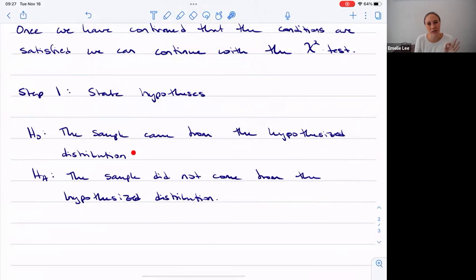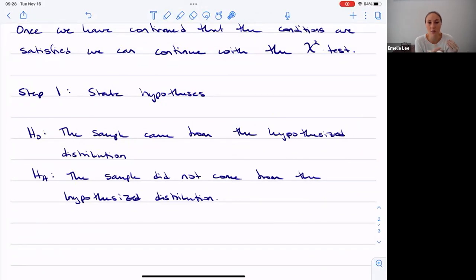You're going to want to tweak that to apply to this question, right? So the hypothesized distribution could be the groups are independent of each other, meaning they have the same probability of happening, right? Or we have some idea of what population we're drawing from.